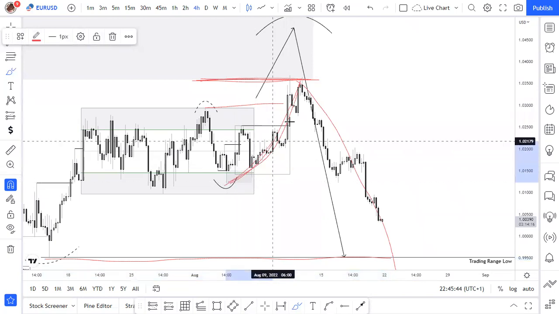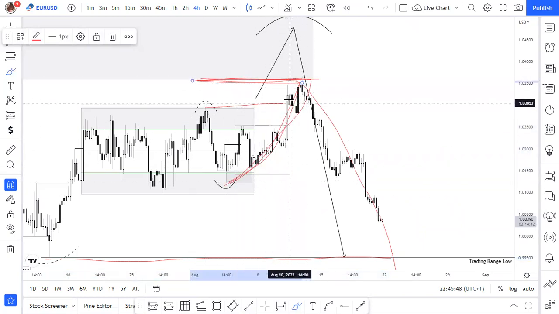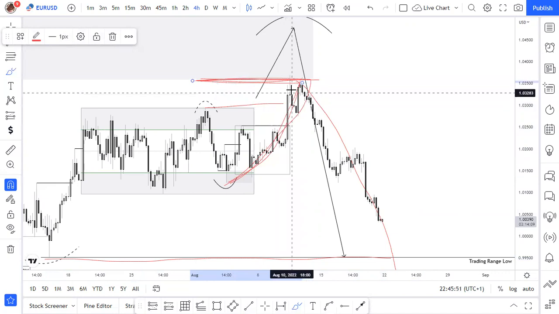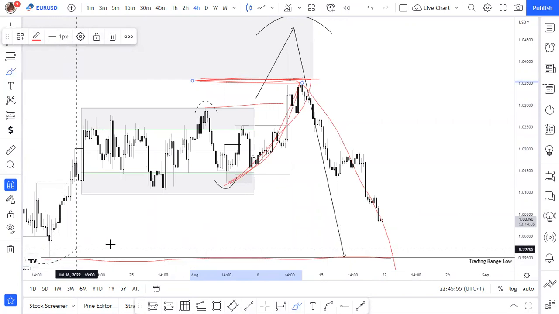So price pulling back into this supply range might be where we could look at those sell trades, those shorts, to take out this daily low.